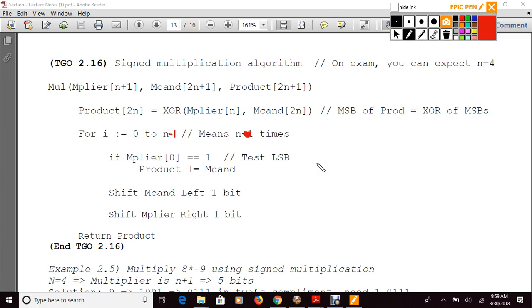In particularly Verilog, it's how you would also say, if you were writing in C or Java, for i equals 0; i is less than 5; i plus plus. That's basically what that means. Any other questions?